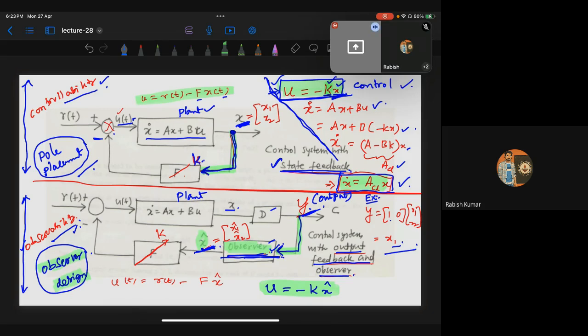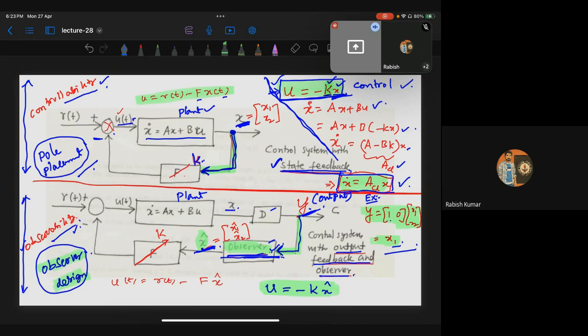This is the overall concept: controllability related to the pole placement technique to place our poles in the desired location. For that, the basic assumption is always that X is available. Whereas if X is not available and only output is available, something like you can see here: if the output is like this, what does it mean?